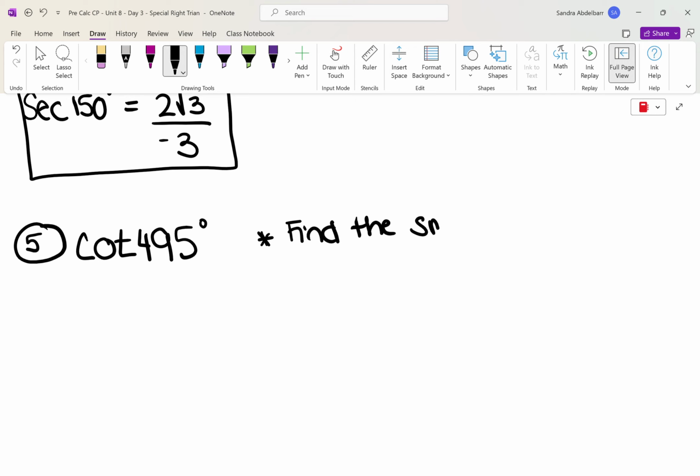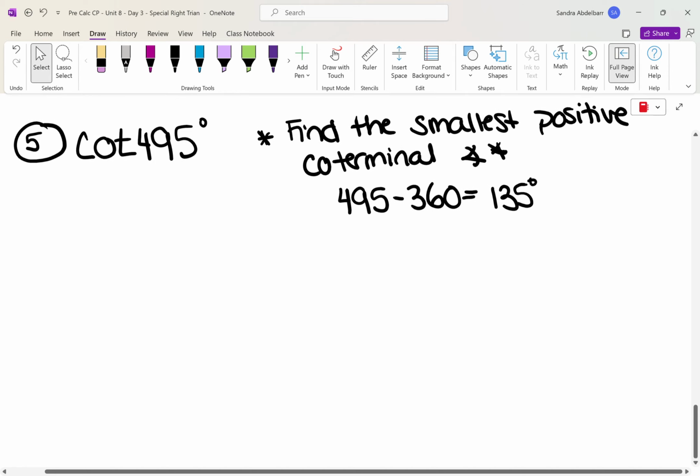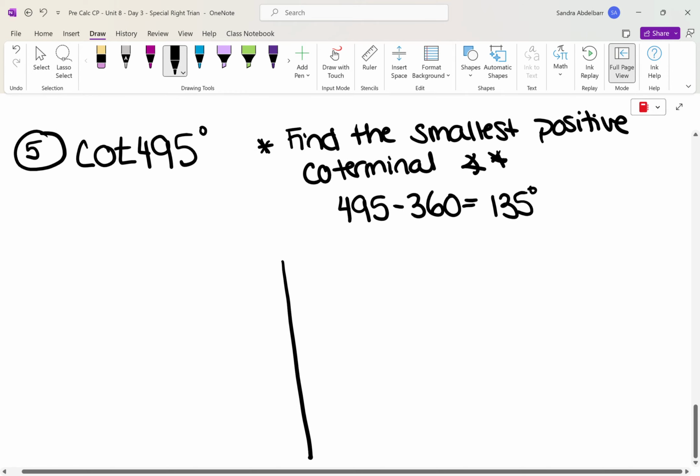So I'm going to put a star, and I'm going to say find the smallest positive coterminal angle. So we're going to do 495 minus 360, which is going to give us 135.